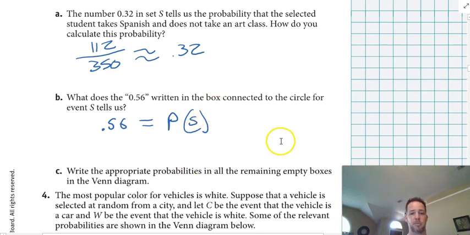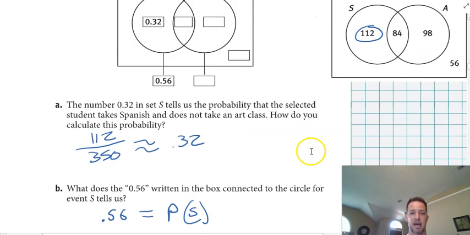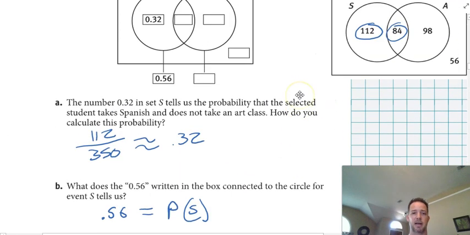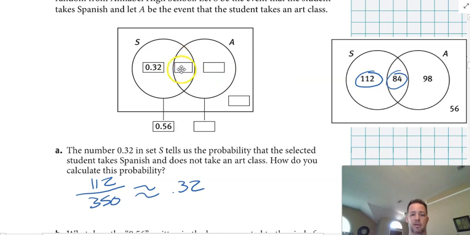Okay, write the appropriate probabilities in the remaining empty boxes. So two ways we could do this. We should be able to take 84 out of 350 and get this value.